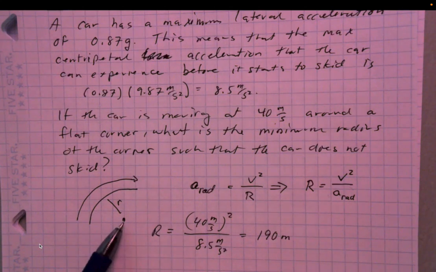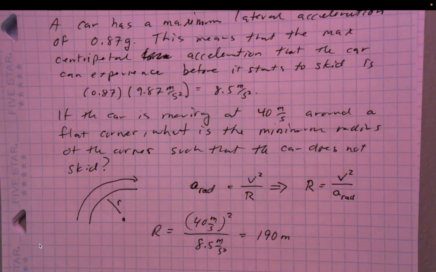So this car going this speed around a corner with a radius of 190 meters is going to barely hang on, right? If the radius is 195 meters, it's going to be easier. If it's 200 meters, it's going to be really easy for this car. Now, if the radius goes below 190 meters, then that means the car is going to lose control going around this corner at this speed, right? That's the bottom line of this problem.